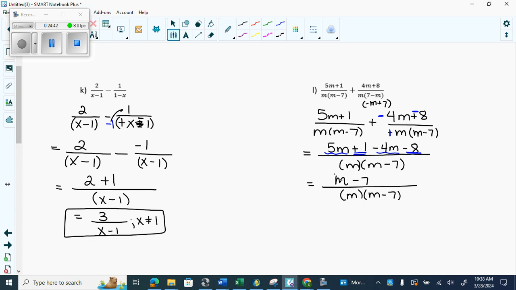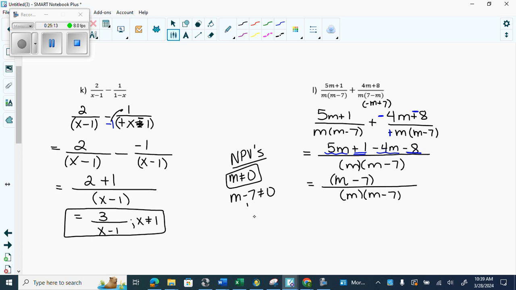Oh, what's happening here? No, hold up. Halt. What's on the top and what's on the bottom? You can cancel, but you have to do what first? Note the restrictions. So m can't equal 0, and m minus 7 can't equal 0.